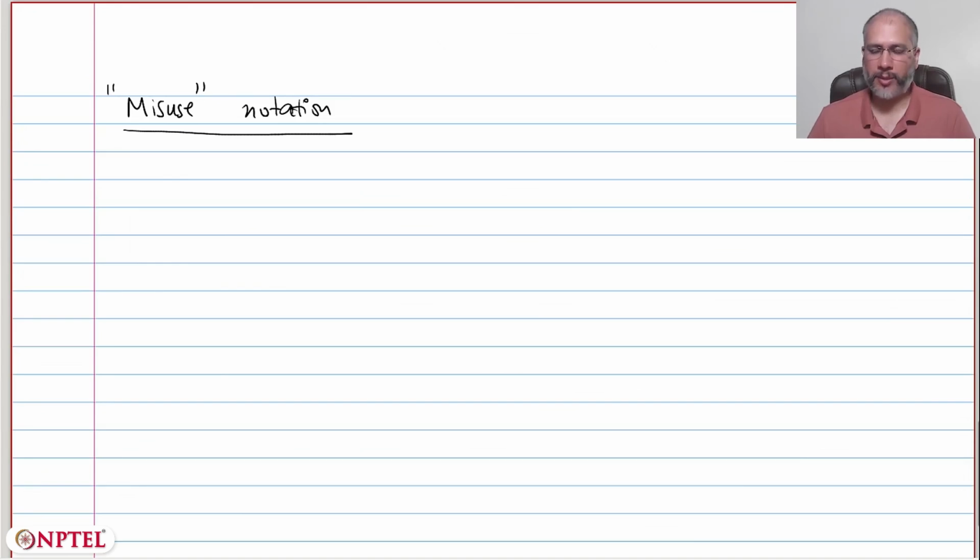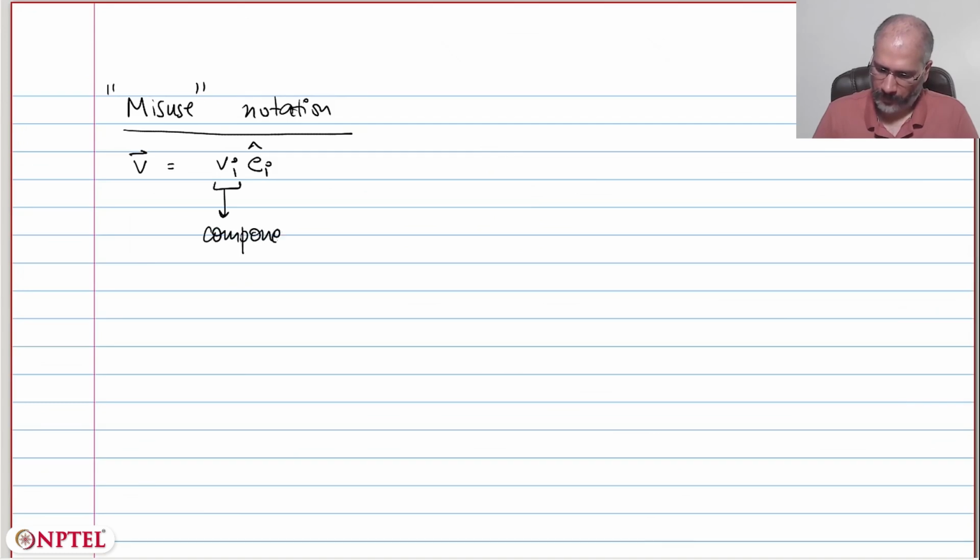I'll tell you what I mean by this misuse of notation. Let's start with what we know. We write a vector v as Vi Ei, which basically expands to the three components V1 E1 plus V2 E2 plus V3 E3. So the Vi are the components and the Ei are the unit vectors or the bases.